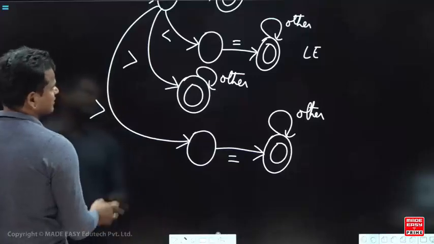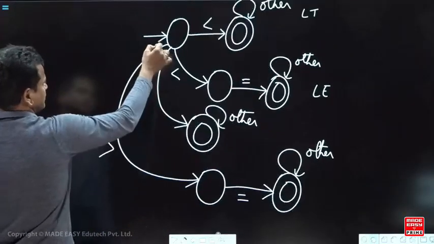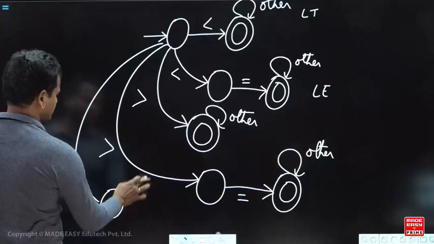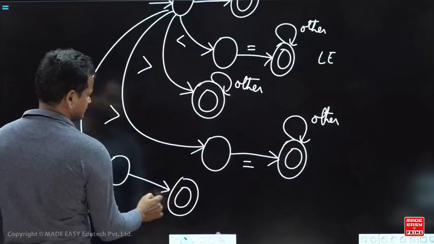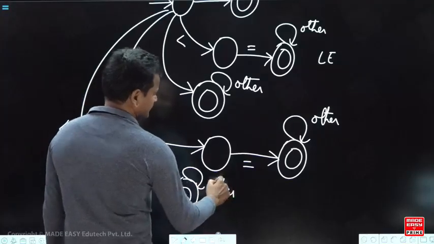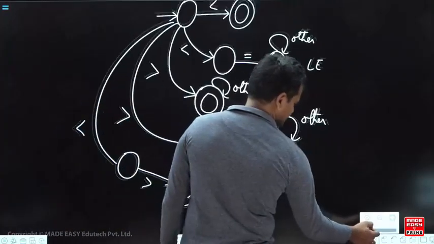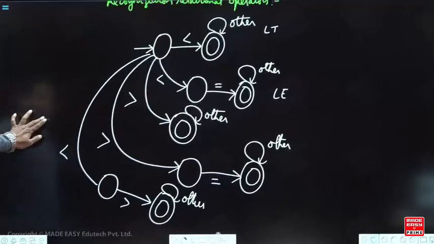Suppose it is less than not equal to. That means you can go to less than, then greater than, and followed by other. So these are the recognition of relational operators using finite automata.